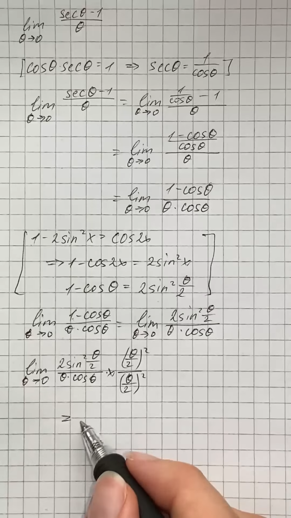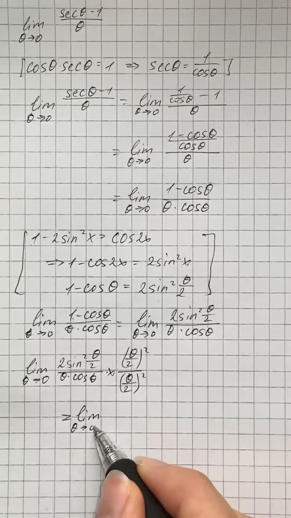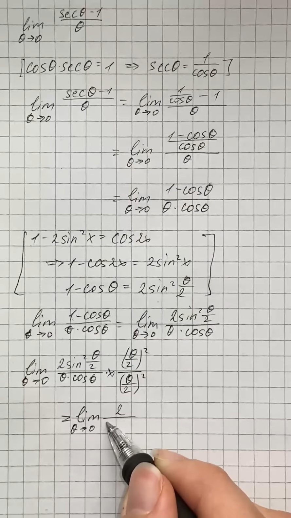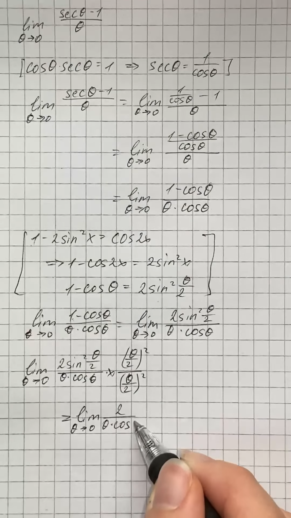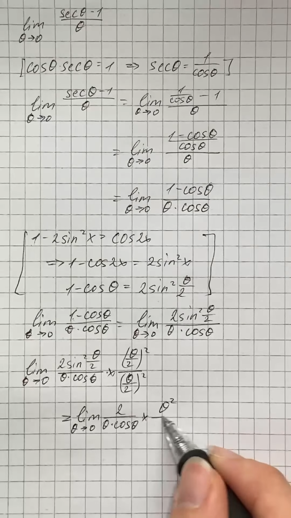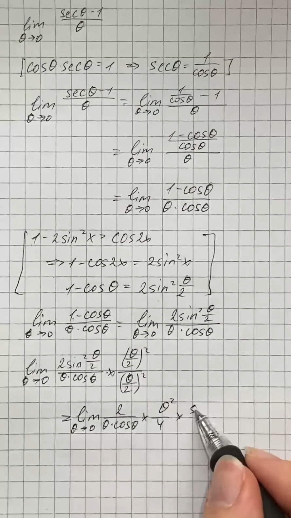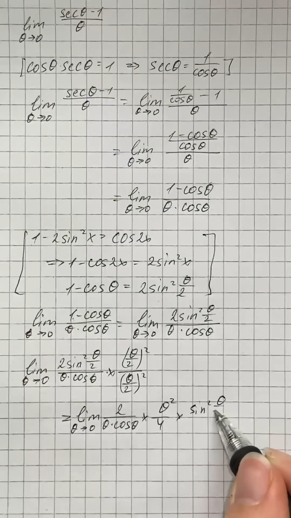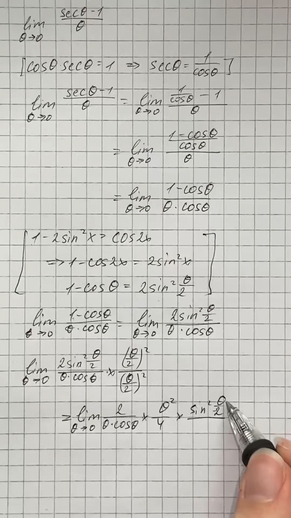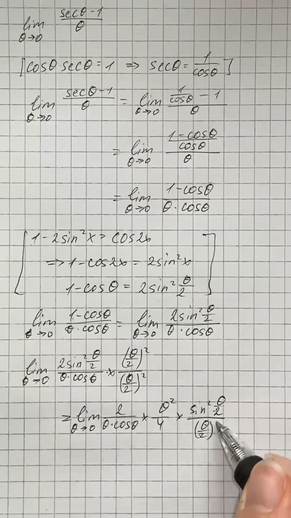Now we get the limit as theta approaches 0 of 2 over theta times cosine of theta, then times theta squared over 4 and times sine squared of theta over 2 over theta over 2 squared.